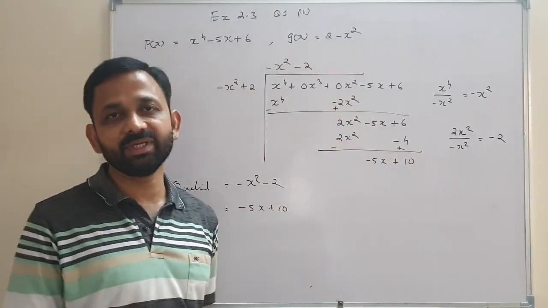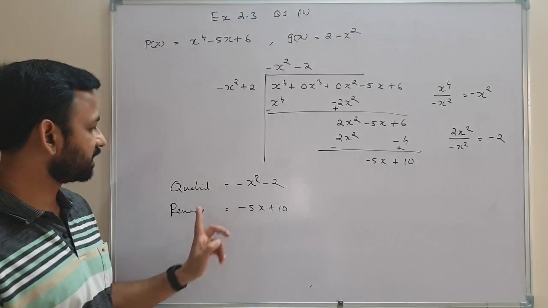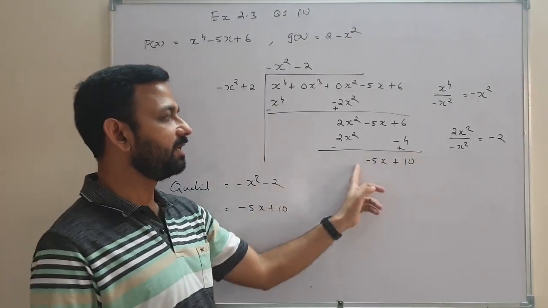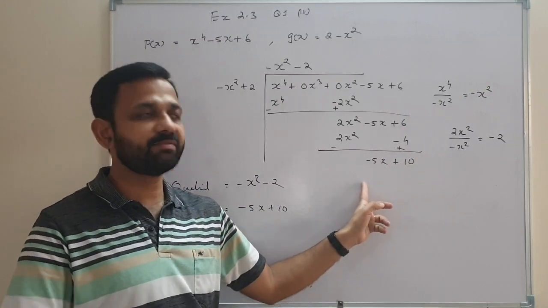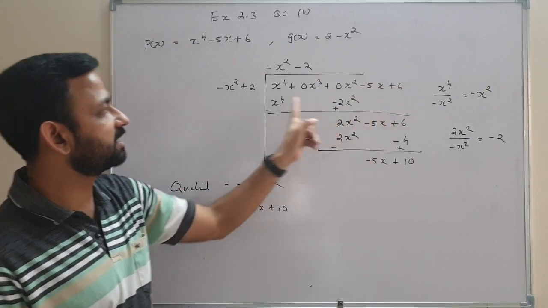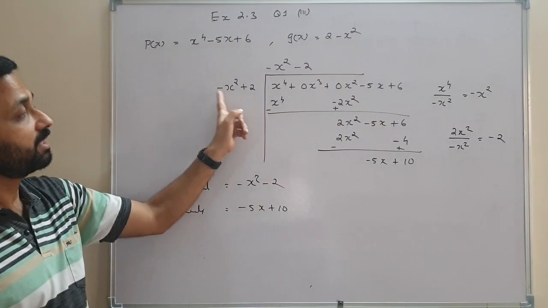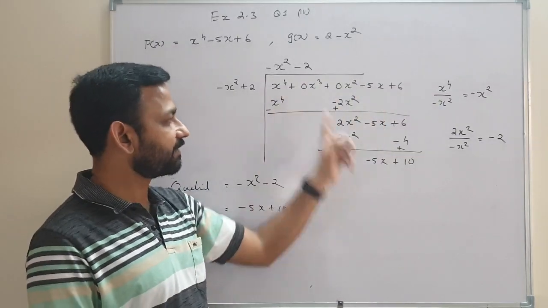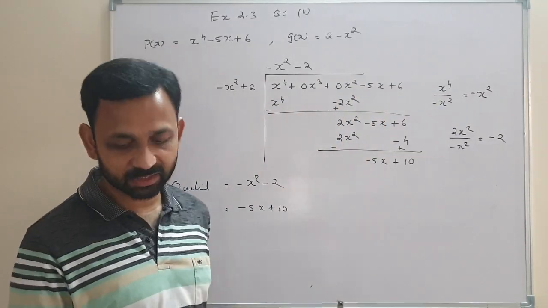So we got the quotient and we got the remainder here. And in some cases, the remainder will be 0. If the remainder is 0, then we can say that g(x) is a factor of p(x).